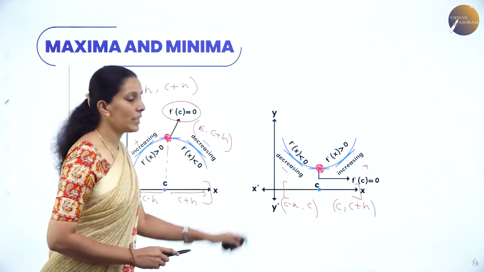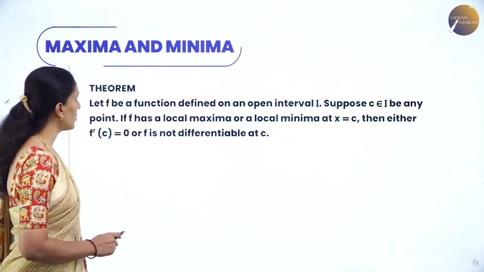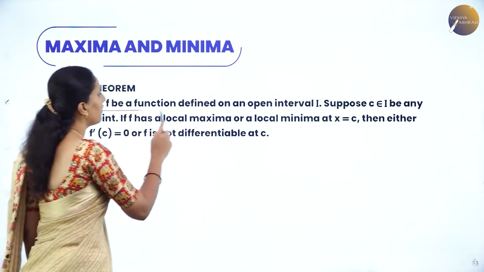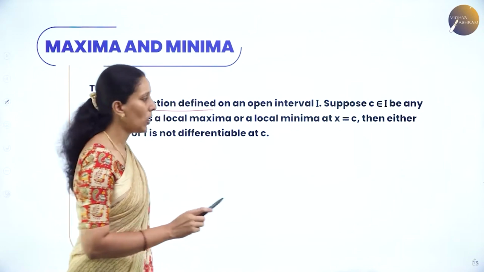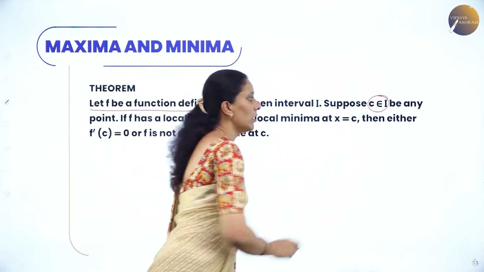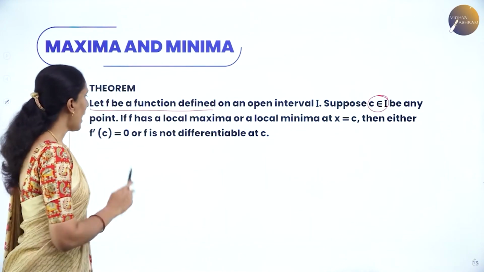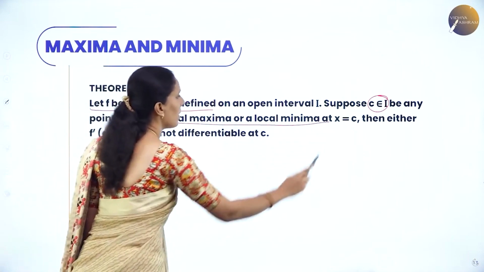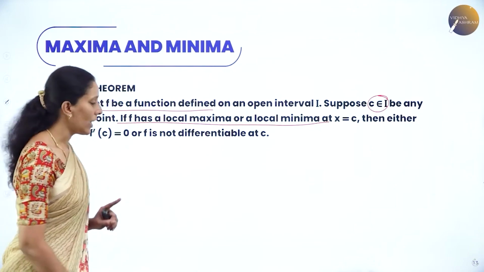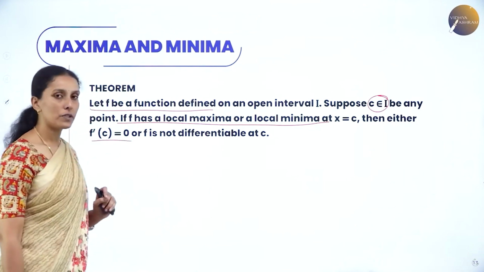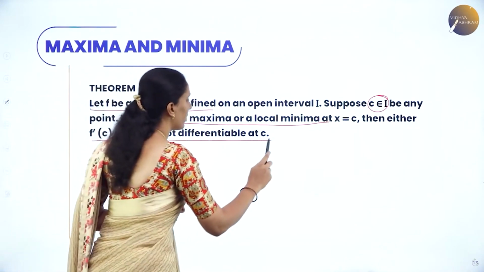Thus, by observing these graphs, we can give a definition that let f be a function defined in an open interval I such that c belongs to I, and f has local maxima or local minima at x is equal to c, then either f dash of c is equal to 0 or f is not differentiable at c.